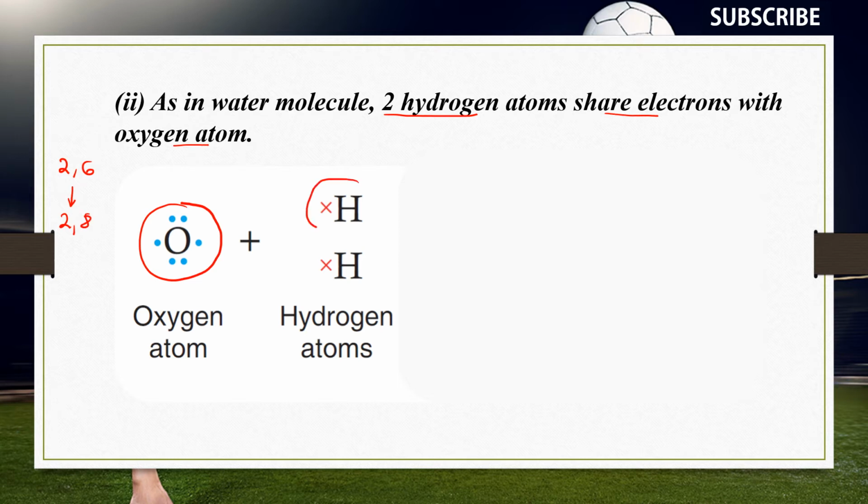Each hydrogen atom here has 1 electron in the outermost energy level, and the electronic configuration of hydrogen is 1. But also hydrogen would love to have the maximum number of electrons, which is 2. So what we shall see is that this 1 electron will be shared by 1 hydrogen atom, and then this other electron will be shared with another hydrogen atom, as we are going to see.